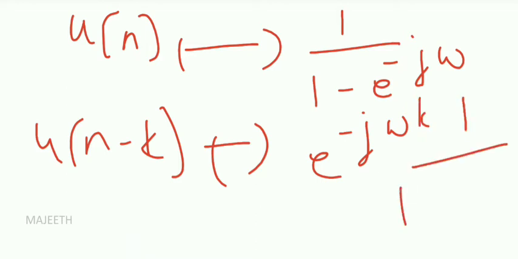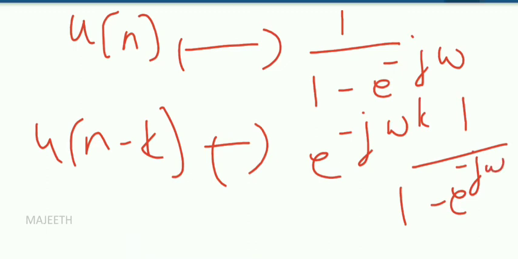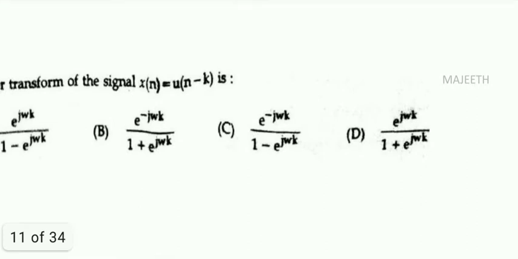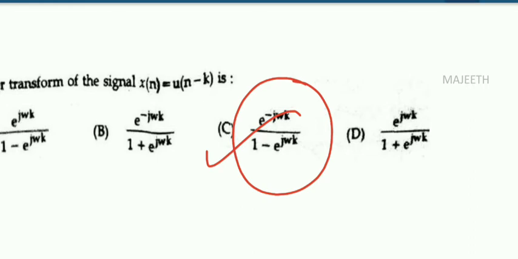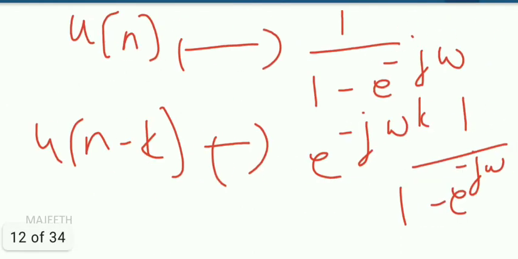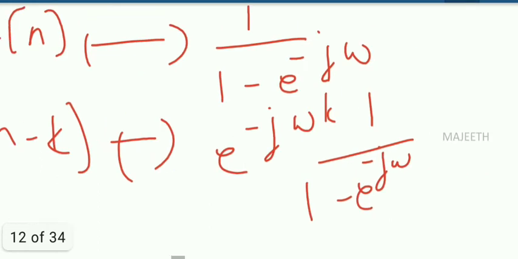This one is more or less close, but this is also not the answer. The answer should be e power minus j omega k divided by 1 minus e power minus j omega.